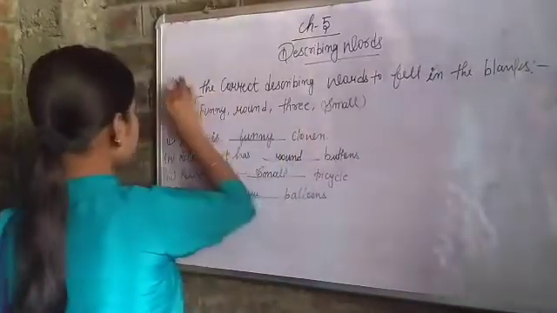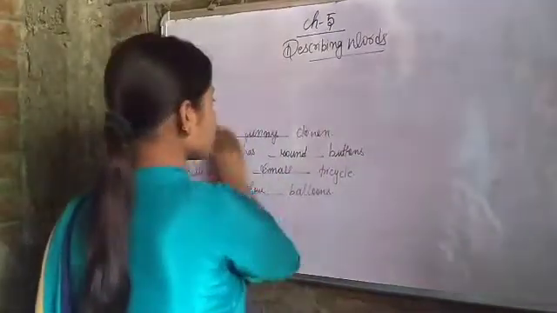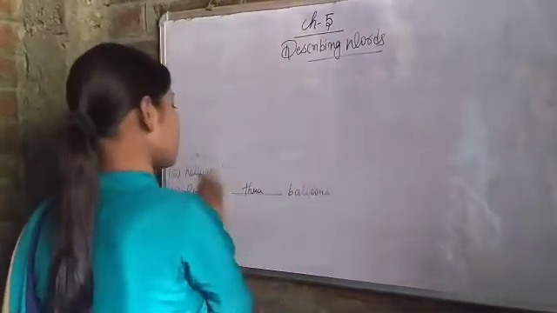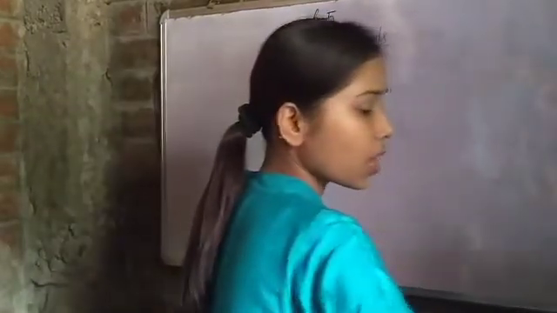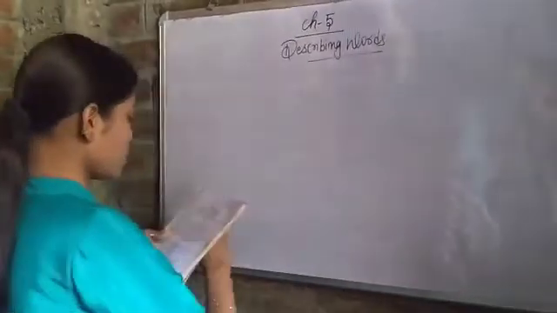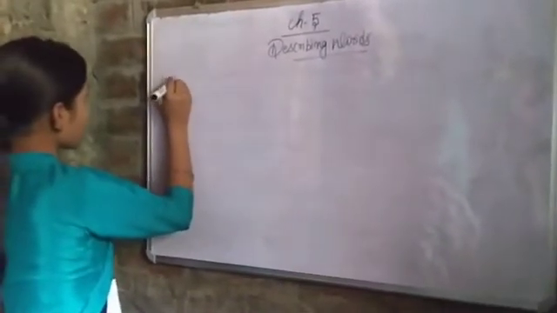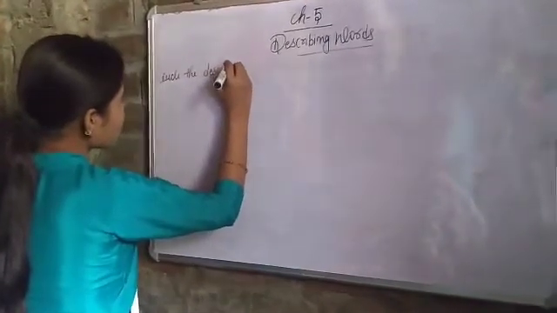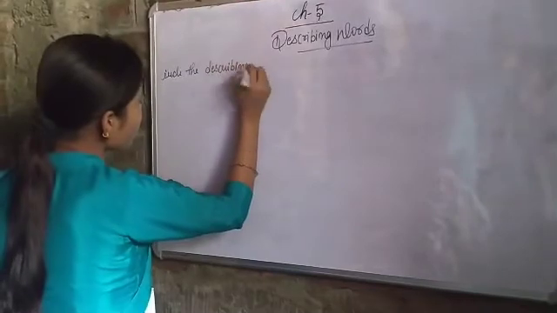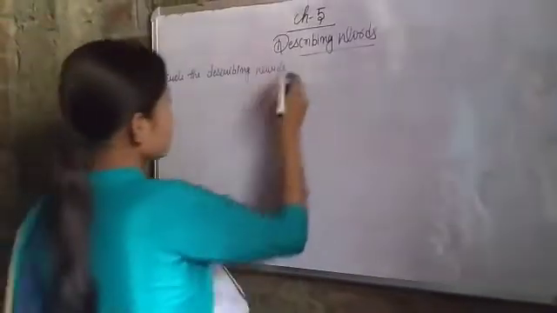Okay, let's move on to the next exercise. In the next exercise, we have: circle the describing words in the sentences.